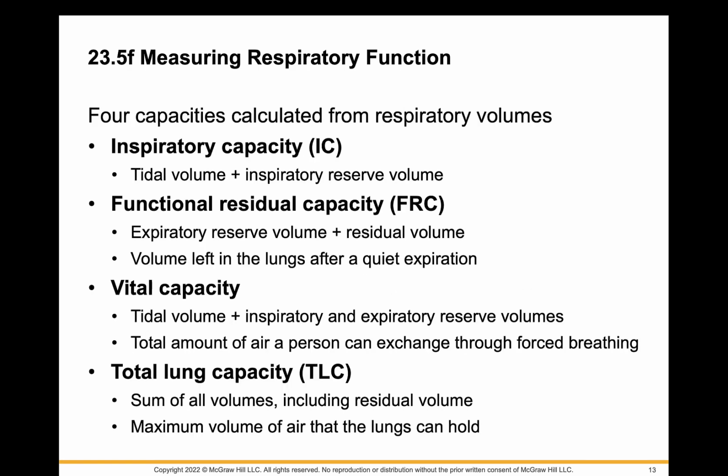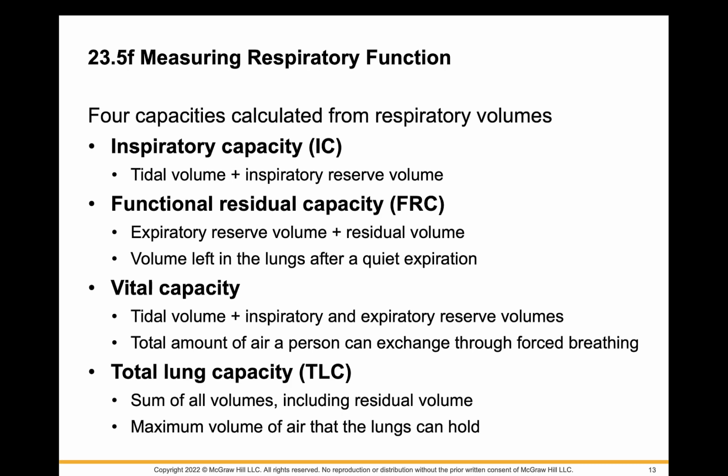Now, the following are capacities, and they are calculated using volumes. Inspiratory capacity will be tidal volume plus inspiratory reserve volume. Functional residual capacity is expiratory reserve volume plus residual volume, the volume left in lungs after a quiet expiration. Vital capacity. This is tidal volume plus inspiratory and expiratory reserve volumes.